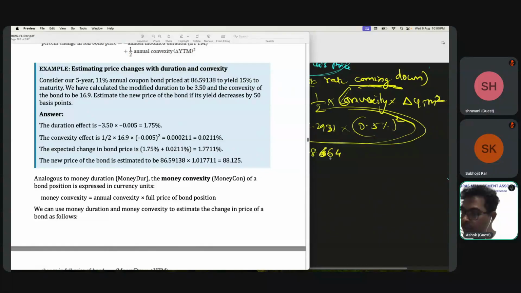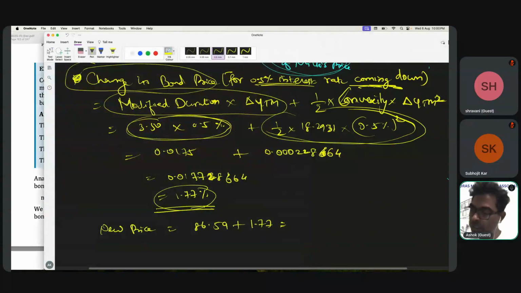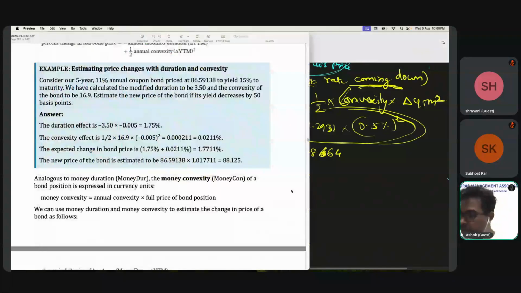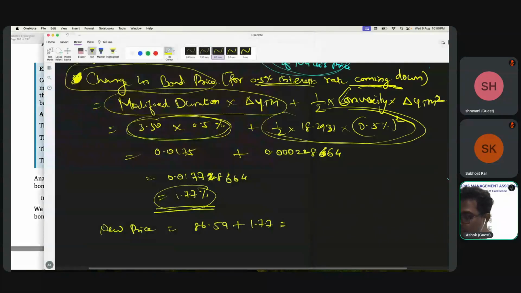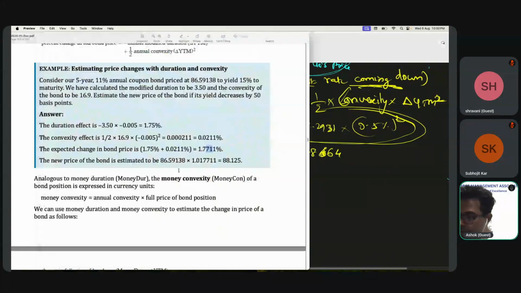Yeah, it is not percentage, sorry. Change in the bond price, it will change by... but here, 1 minute, wait. This is converted into percentage only. 1.77 percentage only. This is all percentage.